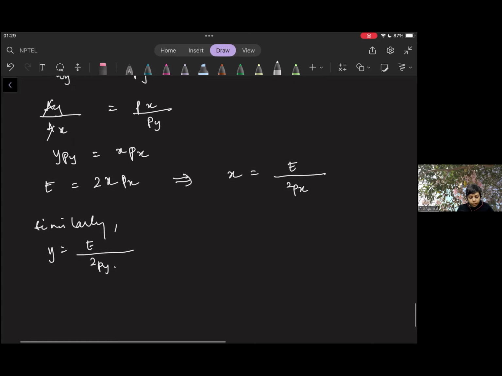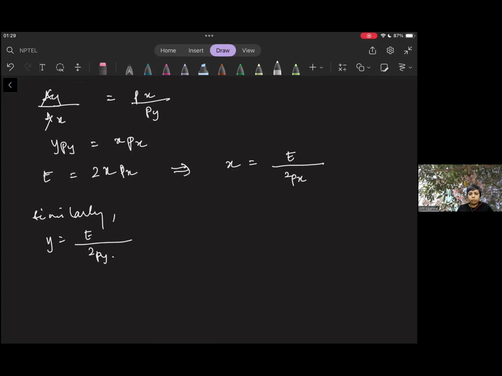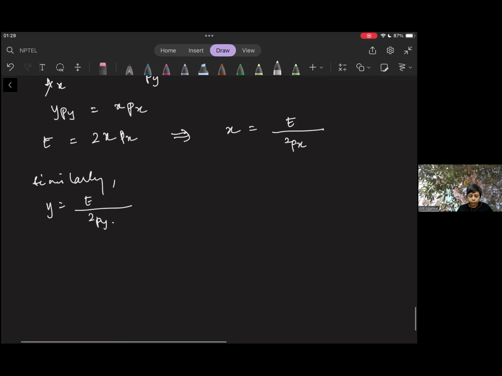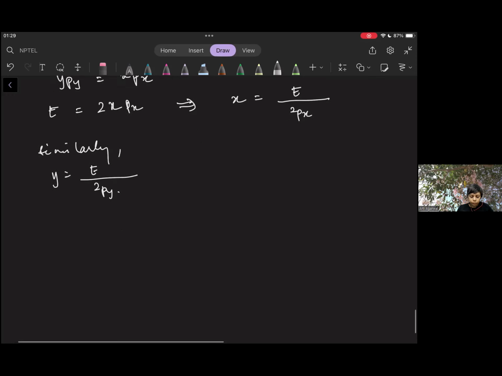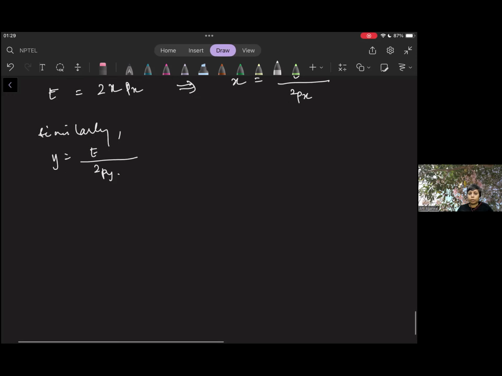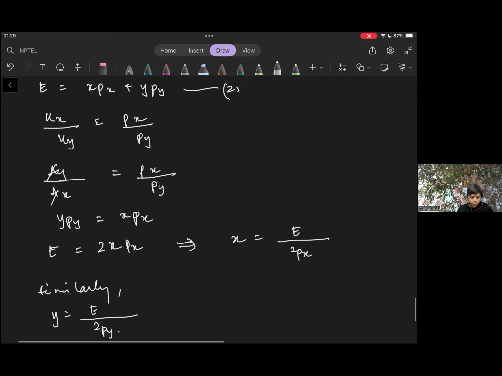Okay, so now we have derived the individual demand functions for x and y, right? This is how we normally derive the demand functions. I'm not talking about the actual values of the demand functions. Now we know these values of x and y.